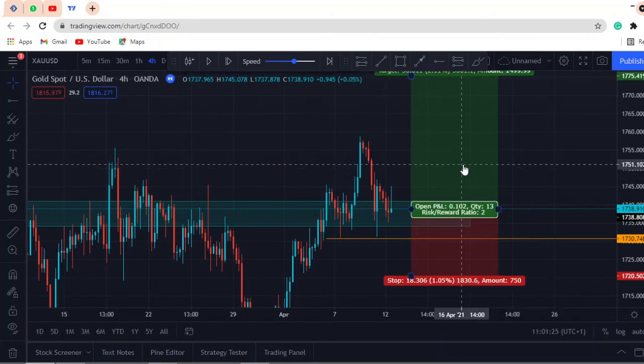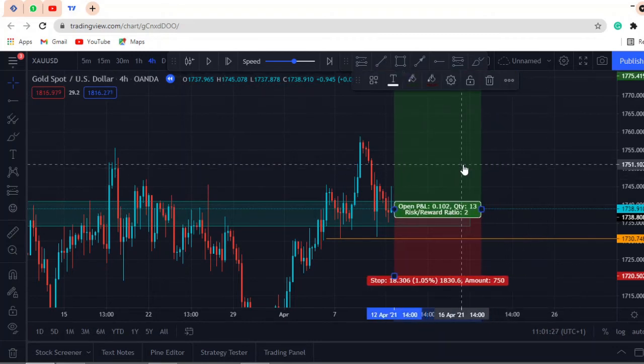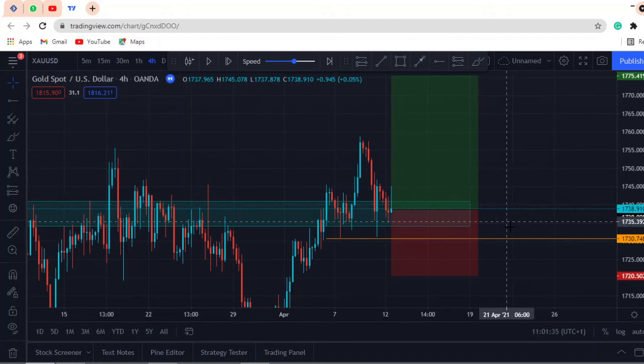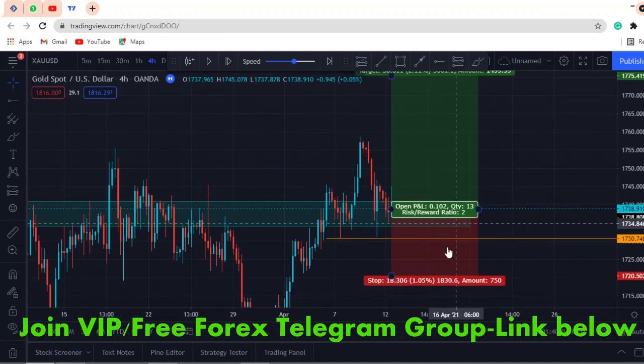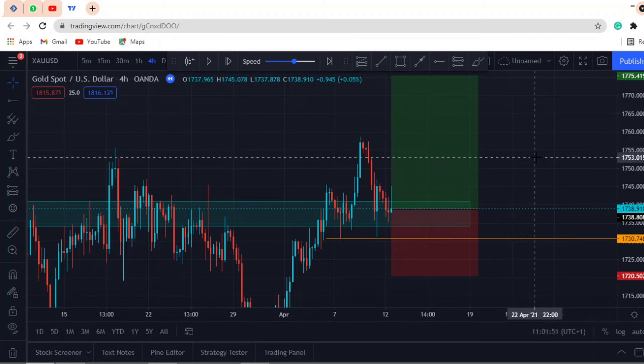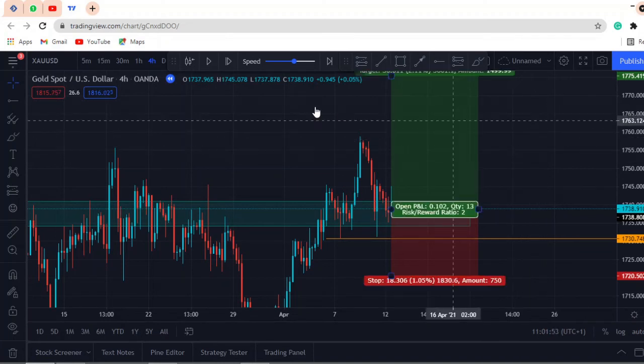But the size of the stop loss, to me, doesn't matter, as long as the risk to reward is still the same. If your stop loss is 10 pips and you are targeting 20 pips, that is 1:2. If my stop loss is 200 pips and I'm targeting 400 pips, then it's still 1:2. So for me, it really doesn't matter where my stop loss is.